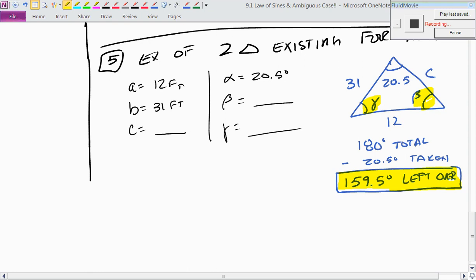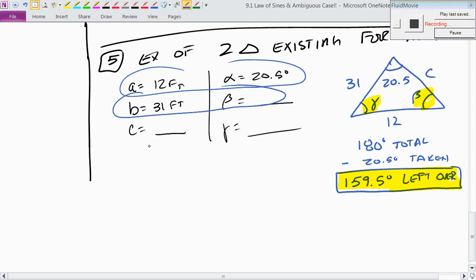Now we go back over here and we set up the only law of sines that we possibly can. This one and this one, because we don't know anything about the bottom two, correct? So we say the sine of 20.5 degrees divided by 12 equals the sine of beta divided by 31.